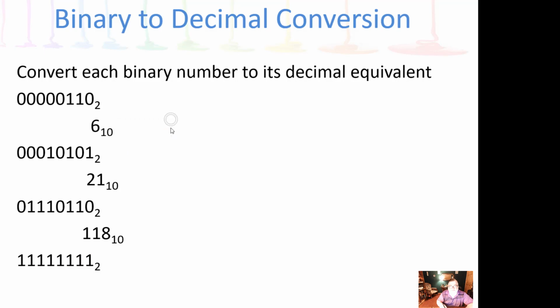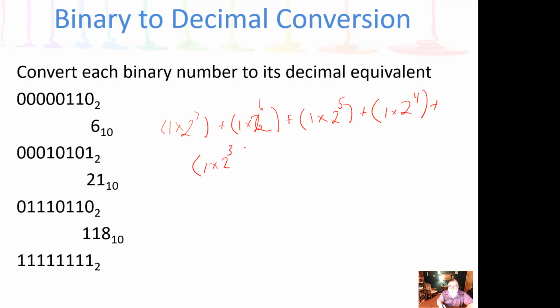So 1 times 2 to the 7th plus 1 times 2 to the 6th plus 1 times 2 to the 5th plus 1 times 2 to the 4th plus 1 times 2 to the 3rd plus 1 times 2 to the 2nd plus 1 times 2 to the 1st plus 1 times 2 to the 0.